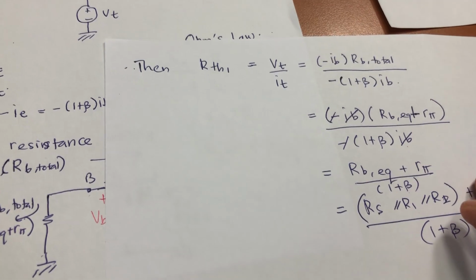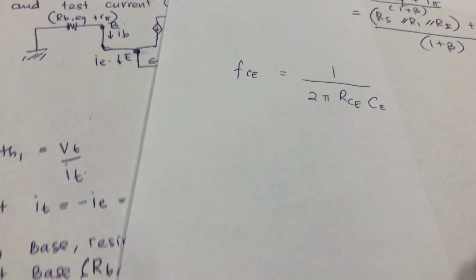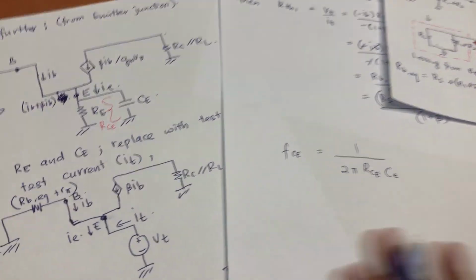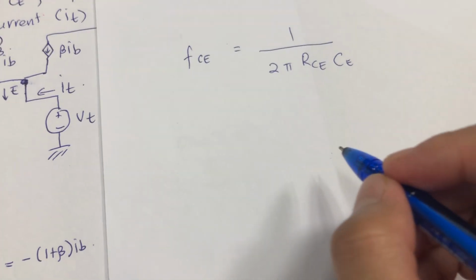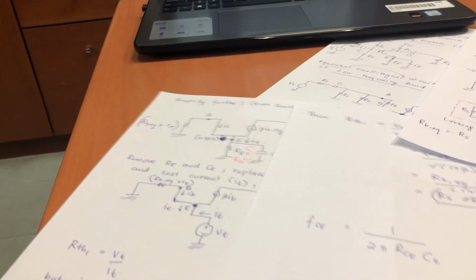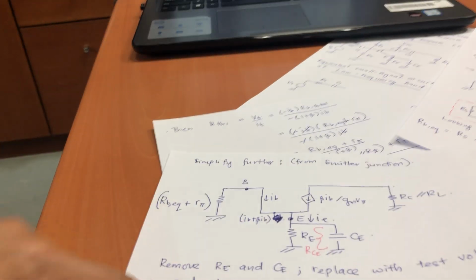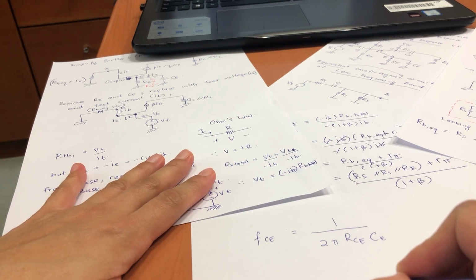Remember that we already removed CE just now. Actually, this one I didn't prepare, so let me draw again. So now looking at the circuit here, let's say this is your base just now.